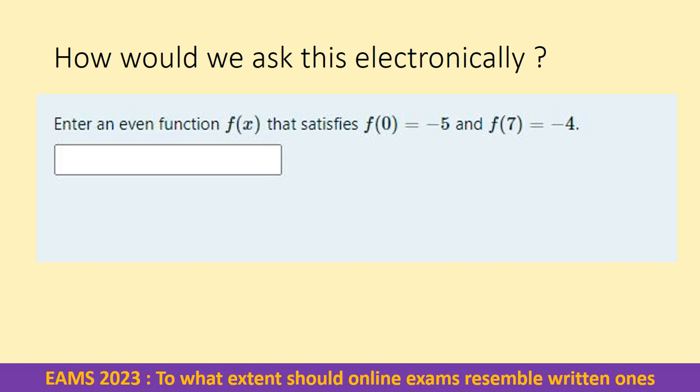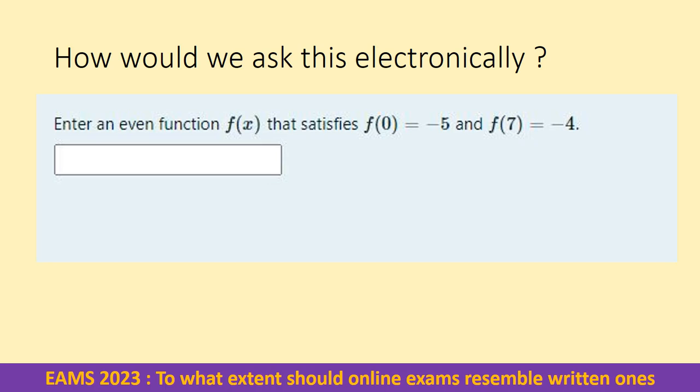And this, of course, is an example of a question that doesn't have a unique answer. There are many functions f of x that satisfy the two conditions here, as well as being even functions.